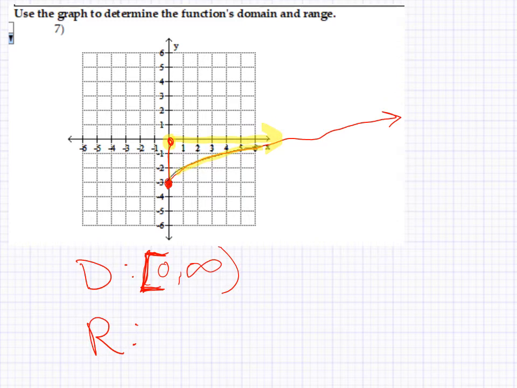And if you look at the y values that we're working with, we have this y value here, and then every point on this graph as it continues to go up will have a y value somewhere along the y-axis this way. So my y values, my range values, will start at -3, and that's going to be included, so bracket, all the way up to infinity.